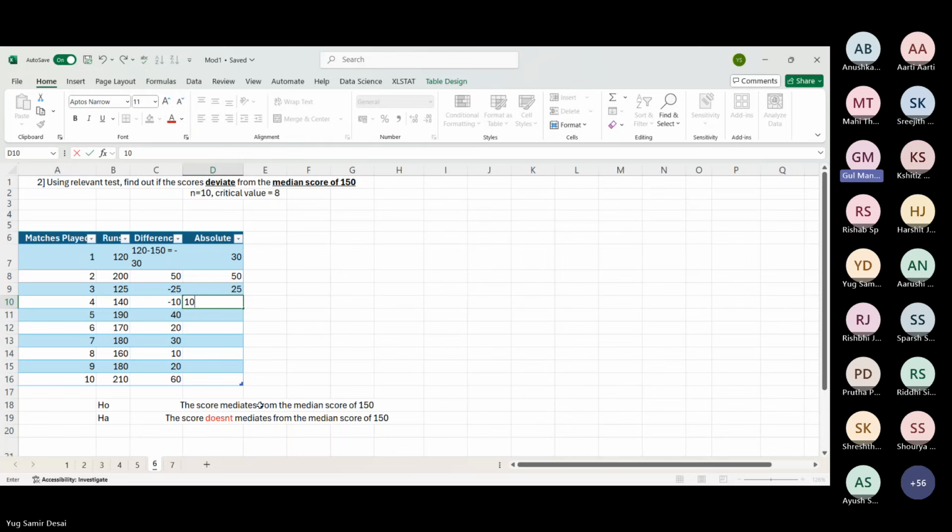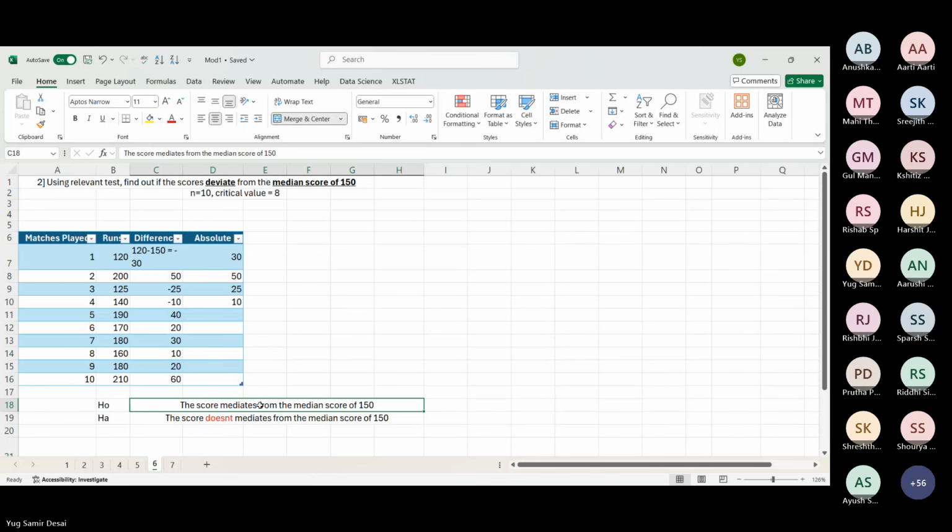I think you have written the opposite. I'm not sure if I'm wrong, please correct me. Rishabh or Harshit, can you check? Okay, we'll focus on our hypothesis later. I think everyone's more focused on how you do the steps.